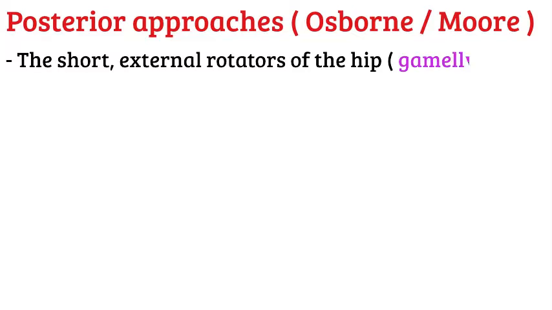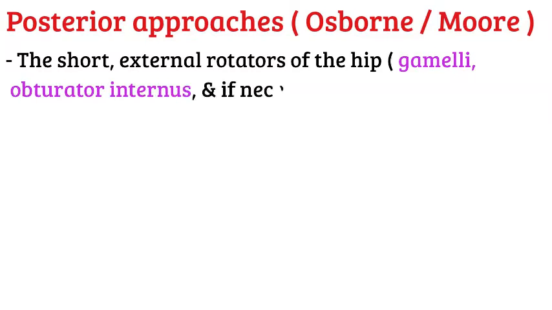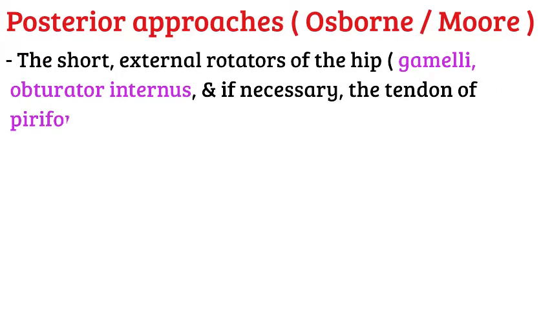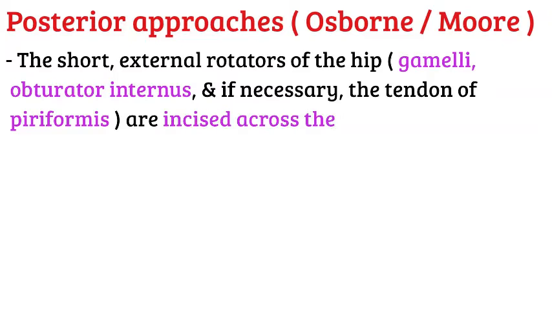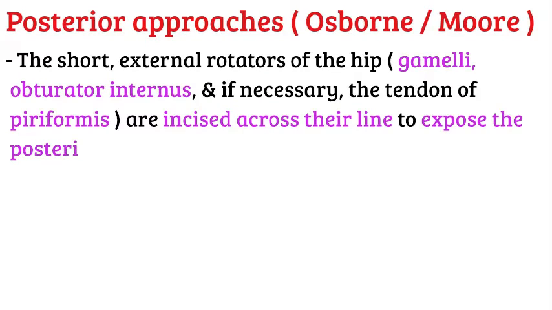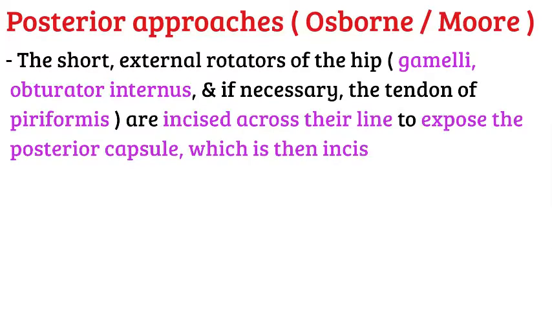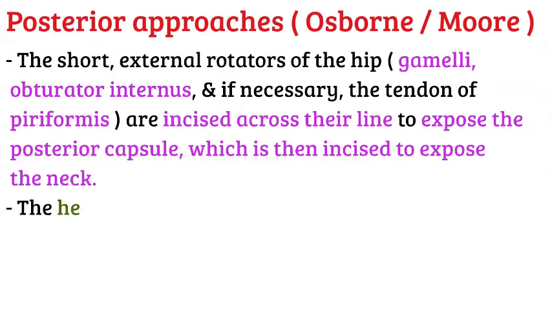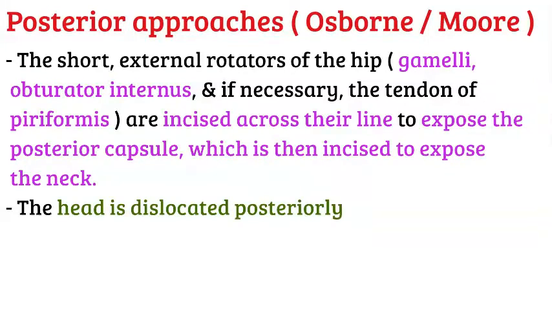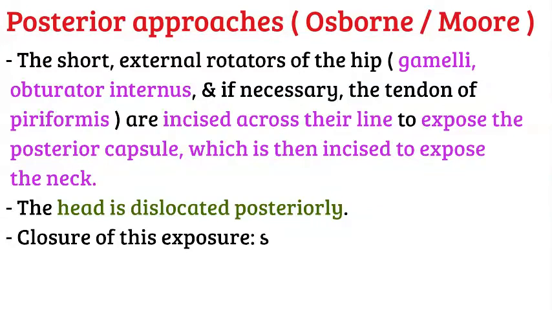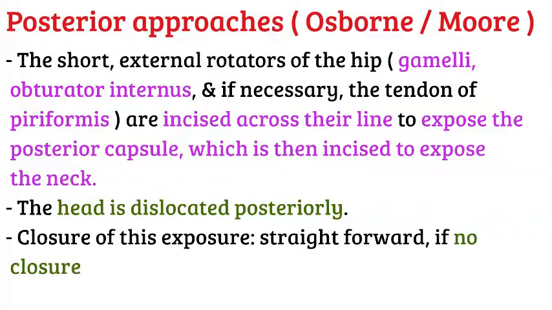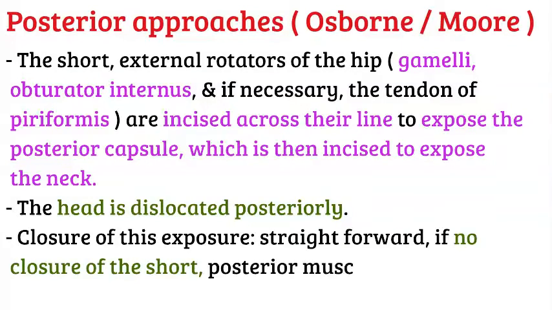The short external rotators of the hip, the gemelli, obturator internus, and if necessary, the tendon of piriformis are incised across their line to expose the posterior capsule, which is then incised to expose the neck. The head is dislocated posteriorly.